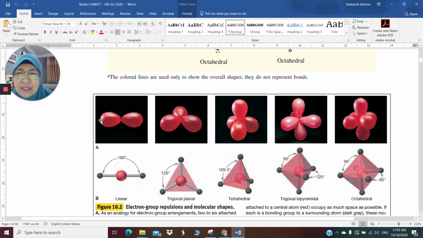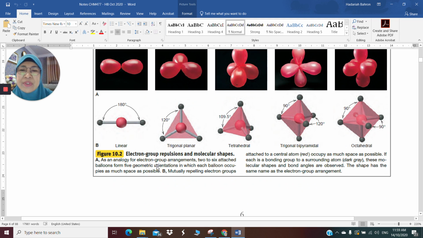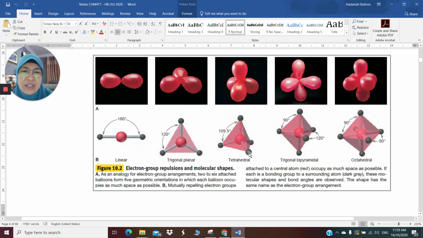So that is linear, that is trigonal planar, that is tetrahedral, that is trigonal bipyramidal, and that is octahedral. So the electron group repulsion and molecular shape is presented in this picture. I hope that is okay, and you can follow this VSEPR theory very clearly.